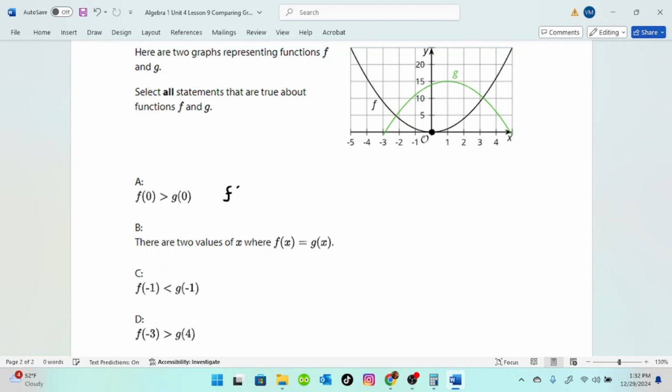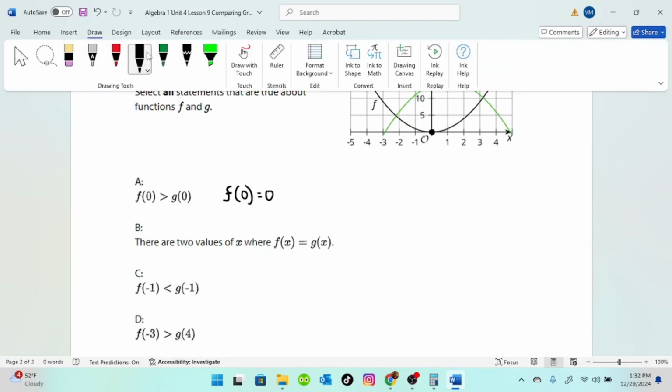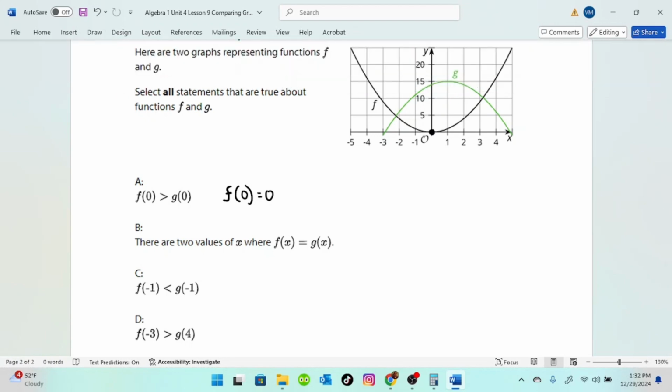So f of 0 equals 0. Now g of 0 is the y value of g when x is 0, and we see that up here at about 14. So g of 0 equals 14. So 0 is not greater than 14, so that means A is not a correct answer.